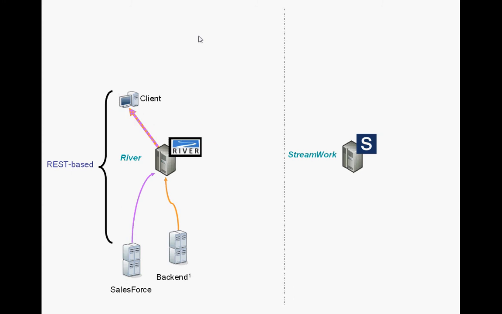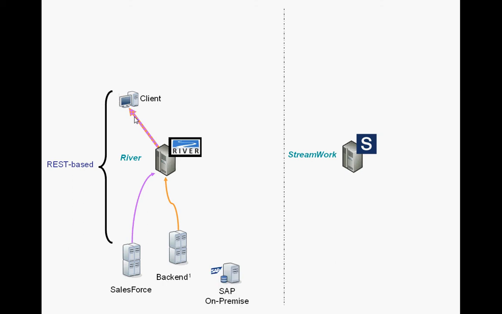And what's interesting here is that this whole interaction is REST-based. And if you look at the line here, I'm doing this on purpose because I wanted to show that it was an aggregation of the two, in this case Salesforce and another backend data. You bring the information together, you aggregate it, and then you push it out.